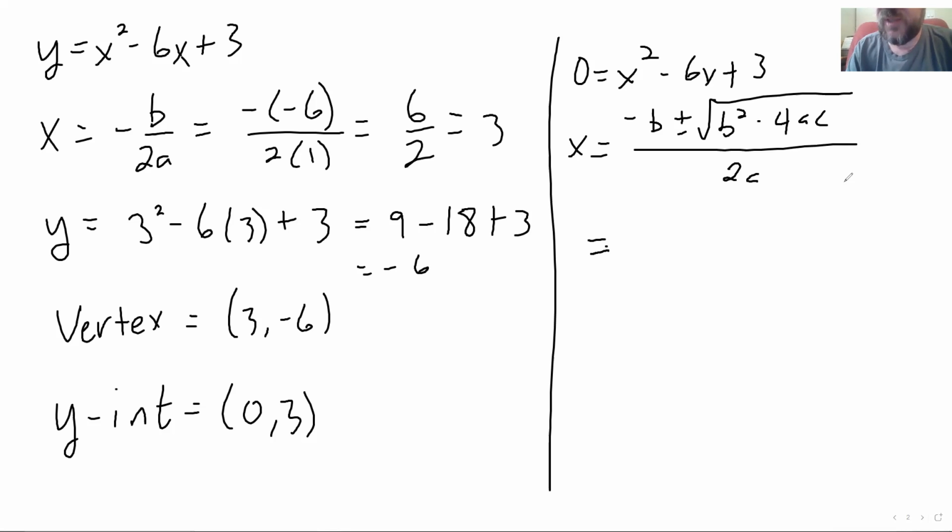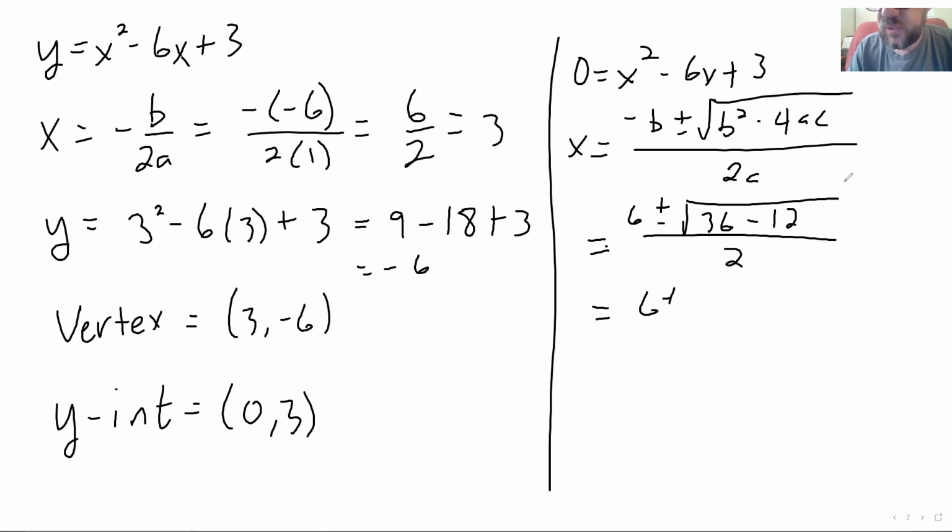So we've got minus b is 6, plus or minus the square root of b squared, which is 36, minus 4ac, which is 12, all over 2a, which is 2. So I've got 6 plus or minus the square root of 24 over 2. Now, you might recall that I mentioned that you can simplify your square root here.